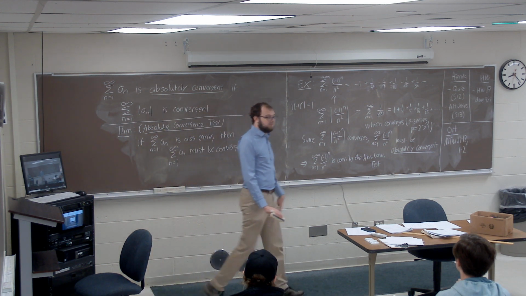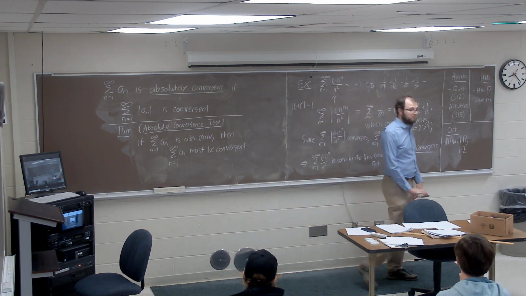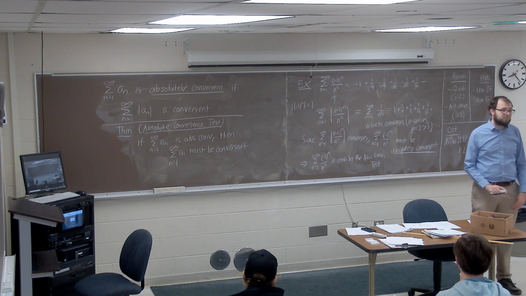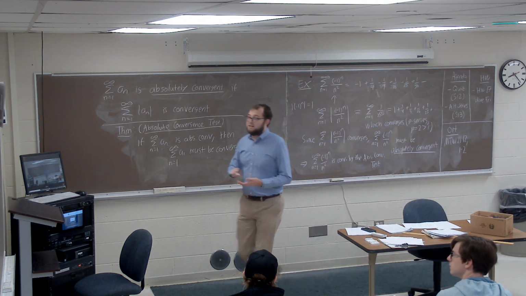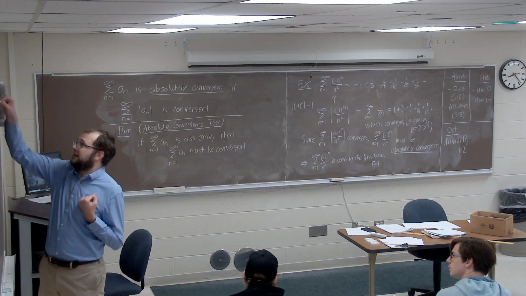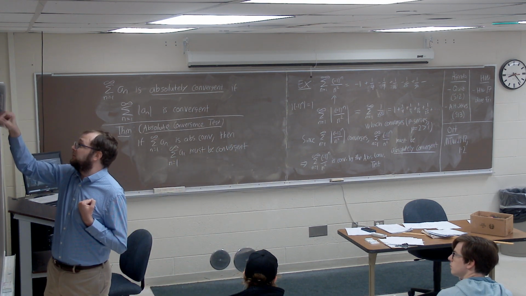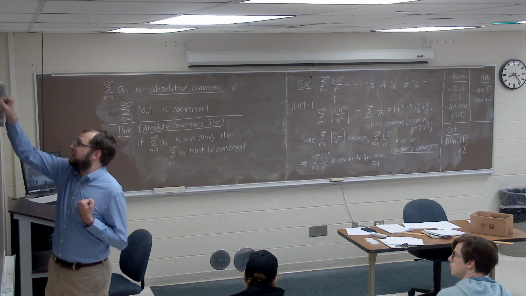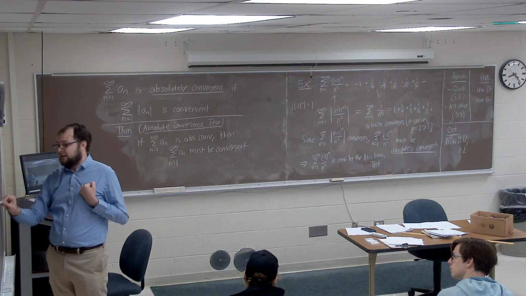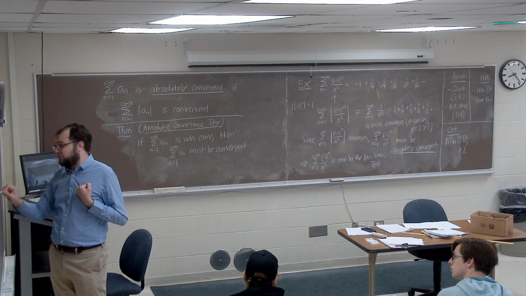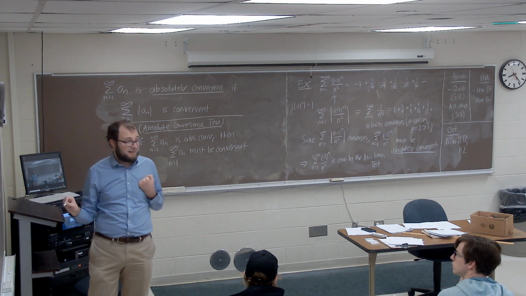Yeah, Bethany? Is this like absolute value, is that the thing on the left hand or the right hand in that example? So in this case, this would correspond to if we were to take the absolute value of the entire series, and this corresponds to if we're taking the absolute value of each term individually and adding them together.